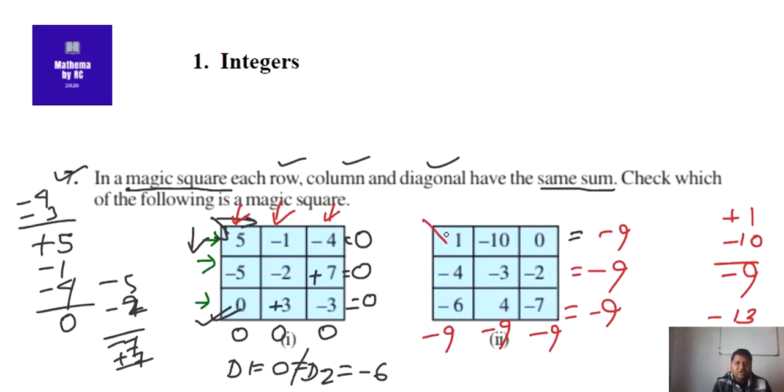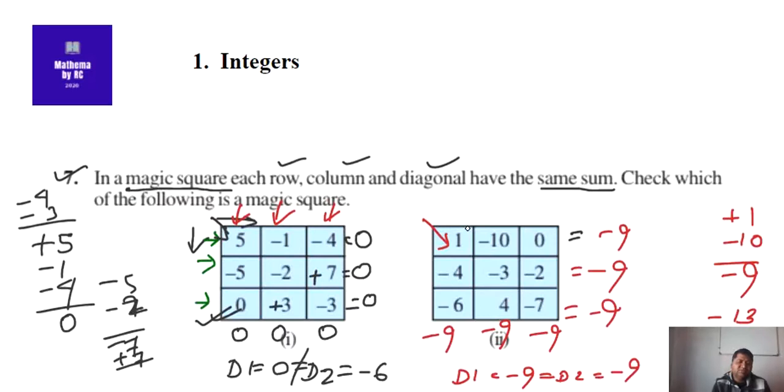Here we count the diagonals also. In diagonal 1, minus 1 minus 3 minus 7, that means minus 10 plus 1, also minus 9. And in diagonal 2, minus 6 minus 3, that means minus 9 also. Therefore diagonal 1 and diagonal 2 are also equal.